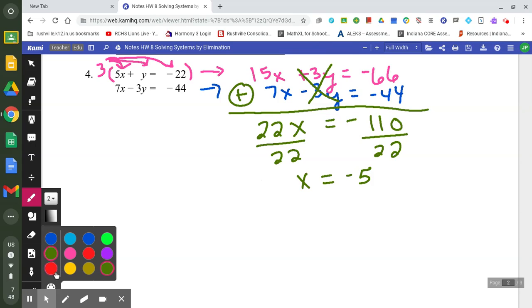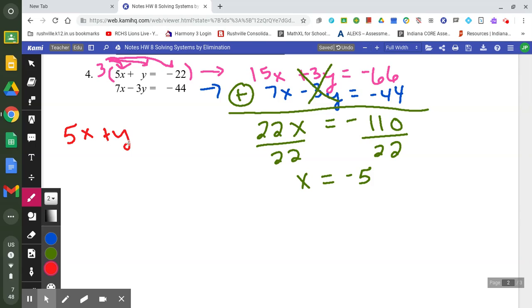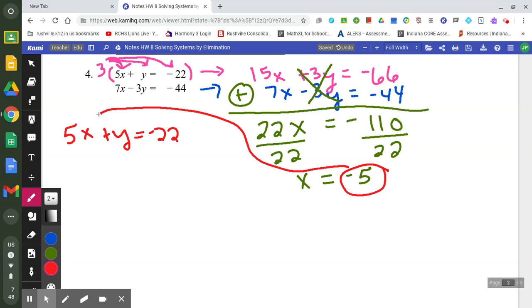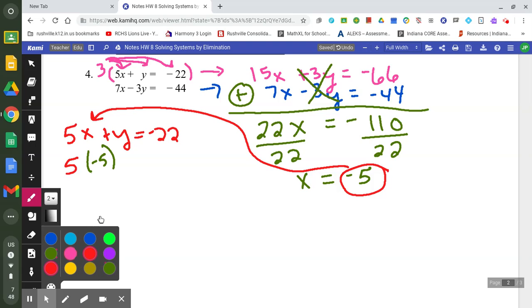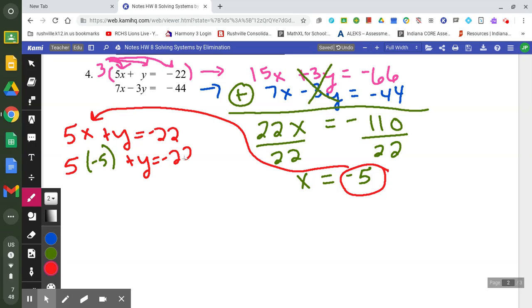And then to find the y value, I'm going to go back to my first equation, 5x plus y equals negative 22. I'm going to take this negative 5 and substitute it in for the x. So 5 times negative 5 plus y equals negative 22.